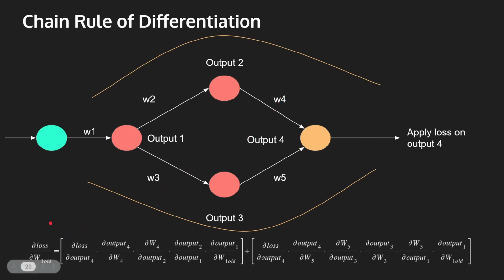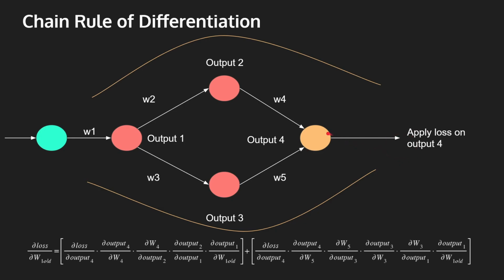What we can actually do is take this part and add it to the second path here. We first take this path and we add it to the second path. That's what we would do if we wanted to calculate the slope, the derivative of loss with respect to the old weight 1, because we actually do the same process here.